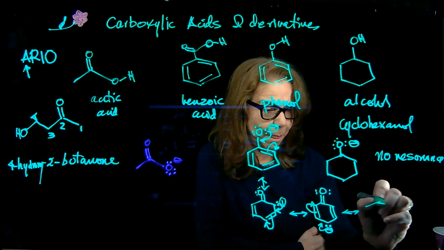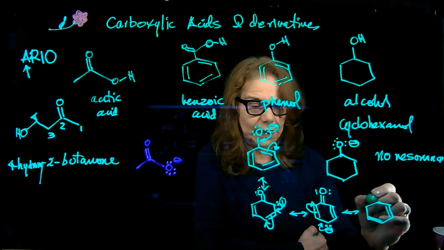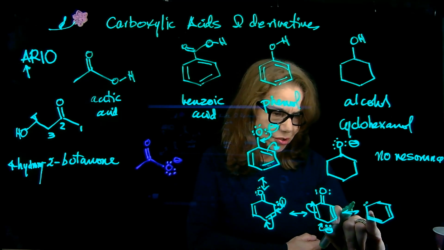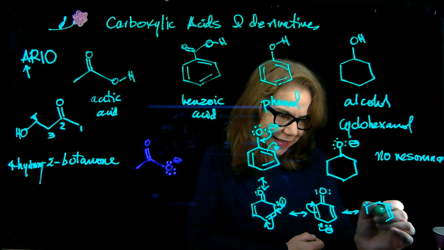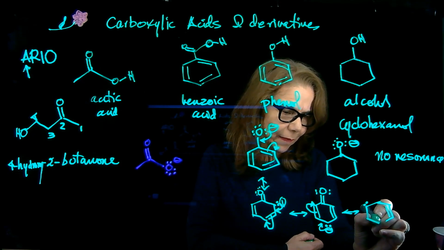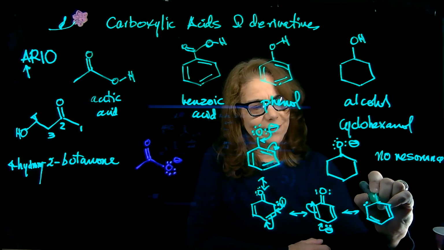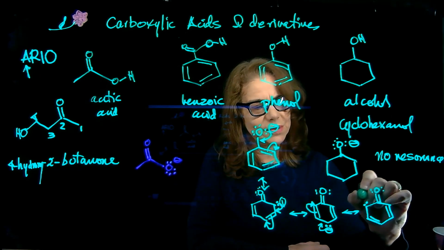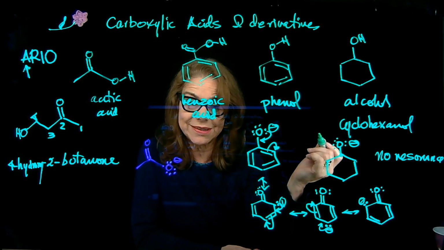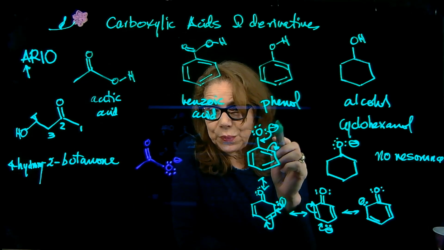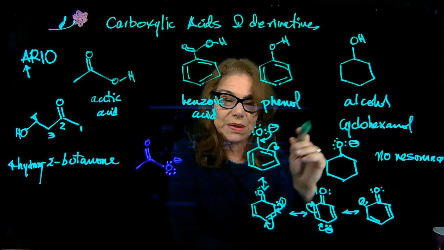And I will have a double bond, and that doesn't show well as a double bond. Let me redraw it. It came out too close. Okay. Double bond here with the oxygen. So now I have a resonance structure. So it is resonance stabilized, and I can put that negative charge on these three carbons, besides the oxygen.